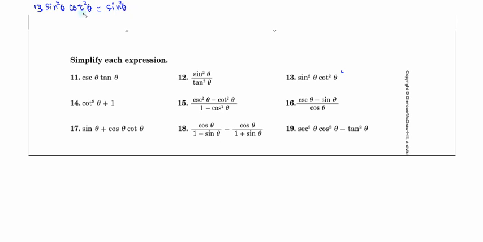Whereas for tangent we can actually split it into cosine and sine. So when you have a term which contains cotangent or tangent, sometimes we can use the identity to simplify it straight away. But if that is not possible, then you just simplify the cotangent or the tangent into sine and cosine.